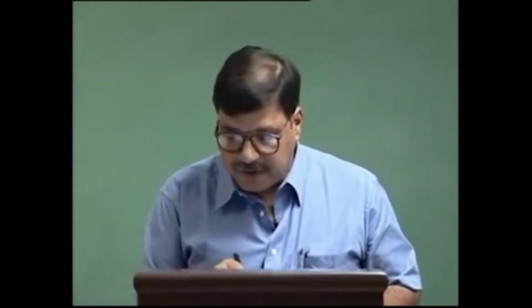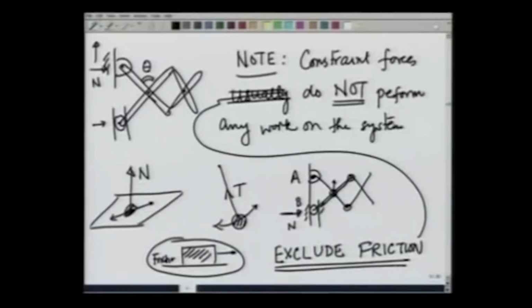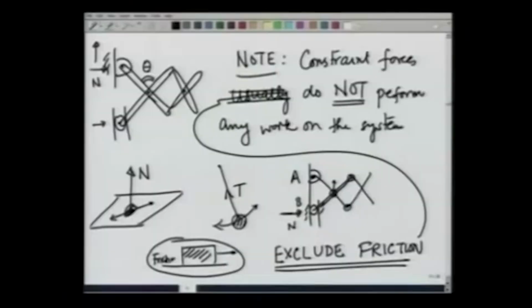In my development, now, we will be excluding friction and deal with those constraint forces that do not perform any work on the system, and it is this observation that makes dealing with the system very easy.